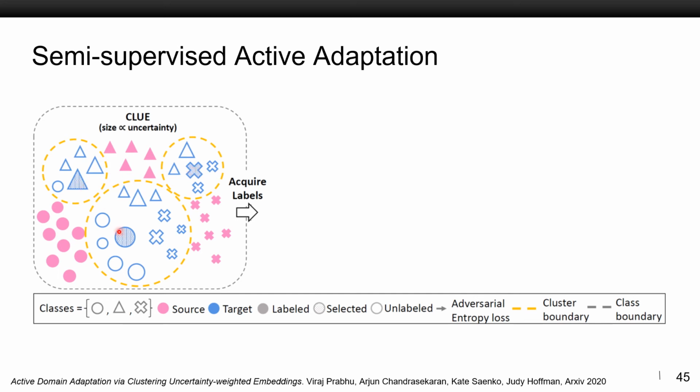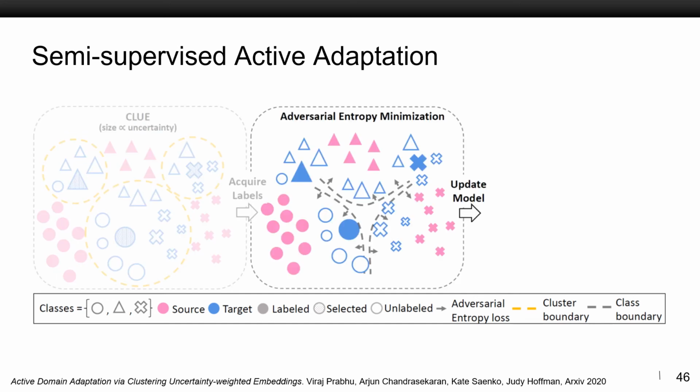So we select these shaded blue shapes and ask the user to label them. So here we designed a way of selecting the most informative examples that will help us learn a better model.